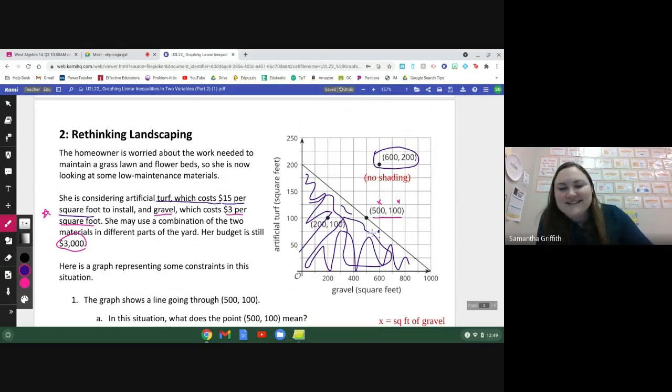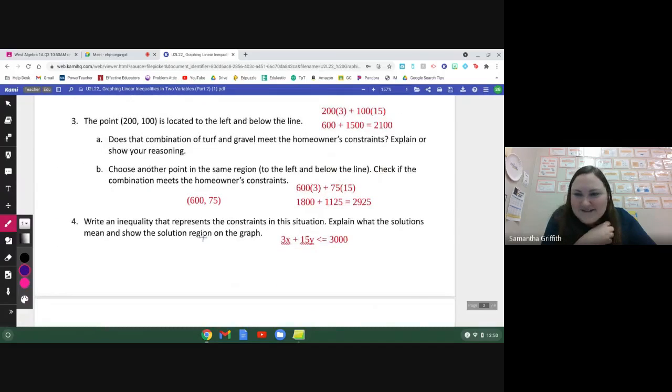She could look at this and say, okay, if I want a lot of gravel, I can pick, like 700, 800, even 900 square feet of gravel and see from this graph how much turf she could afford. So it's showing all those different combinations at once with this handy graph here. Nice.